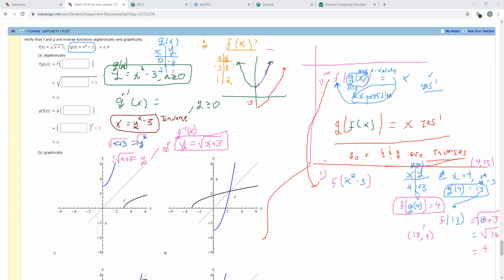Put 4 into G, you get the range value 13. Put 13 into F, that's what we did right here, and we get 4. Now we're going to do it for any x value. So instead of saying at x equals 4, we're saying at any x.